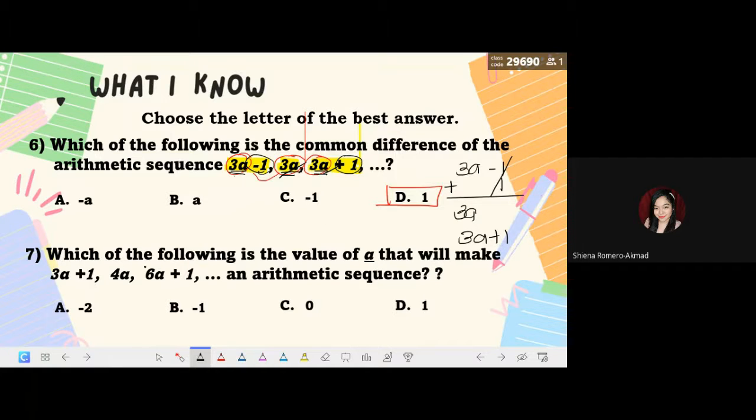Okay, for number 7, we have 3A, 4A, 6A plus 1. Then, we are looking for A, yung value niya. Alin kaya sa apat na to, yung pwede nating i-substitute para makabuo tayo ng arithmetic sequence. Yes, Valenzuela? Hindi kita nadidinig, Valenzuela.